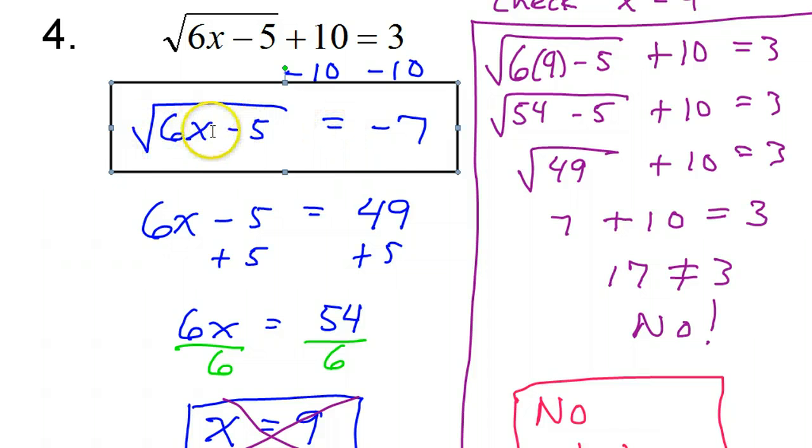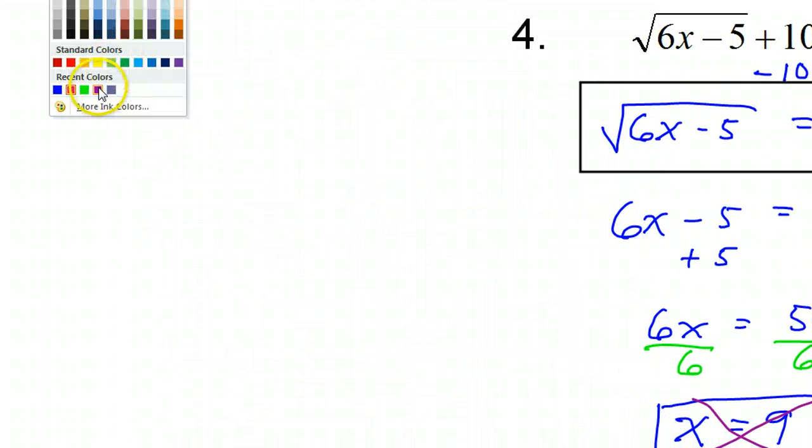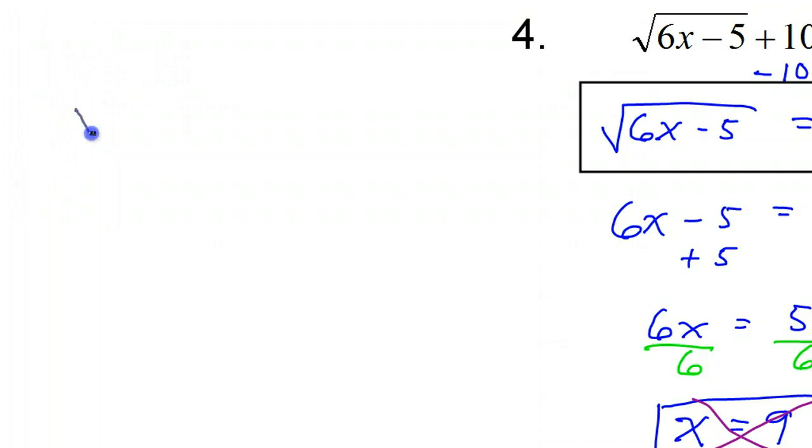Well, we have the square root of some stuff, okay? Now think about it. Maybe I'll do this off to the side a little bit. Let's see, this calls for a new color. If I have the square root of question mark, and that's going to equal a negative number, what could I put in here that would make this a true statement?